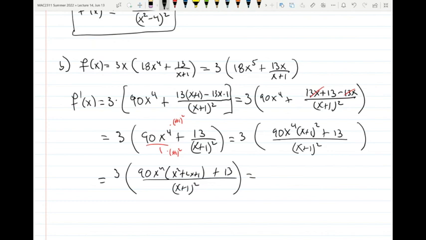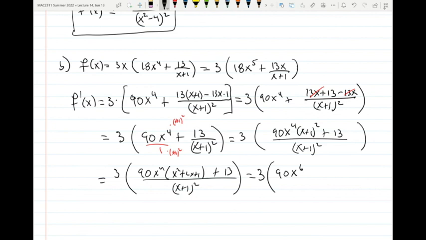And so, okay, I'm going to distribute the 3 now. So I'm going to do 2 distributive at once. When I distribute it here, what do I have here? 270. And now that 270x to the 4, I'm going to distribute it over the parentheses. Oh, hold on. Oh, let me just not do it.